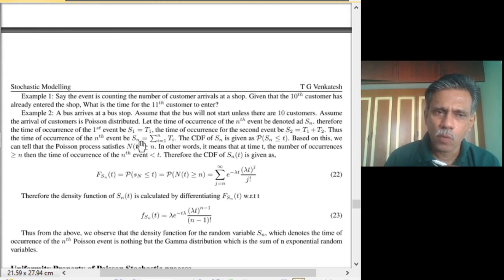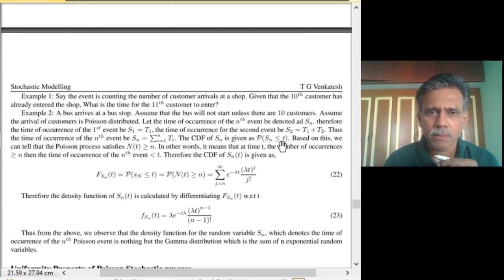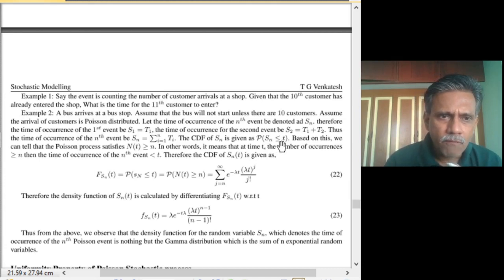First, we want to arrive at the characteristics of Sn. To that end, we will look at the CDF of Sn, that is, the probability that Sn is less than or equal to t. What it means is that the total time of arrival of n customers has to be less than or equal to t, which means that the number of arrivals that would have taken place in time t has to be greater than or equal to n.